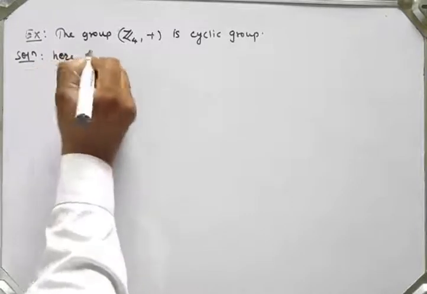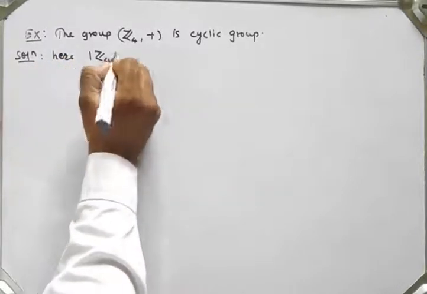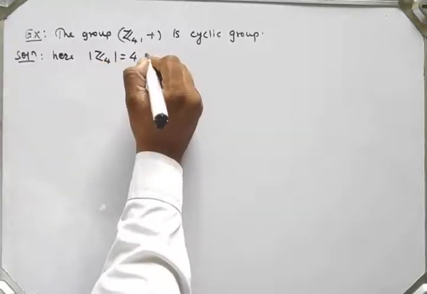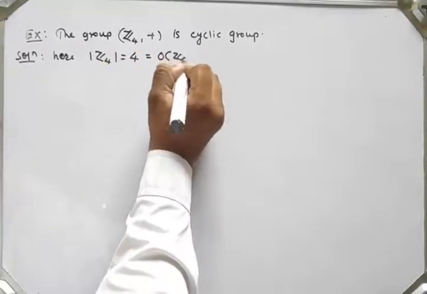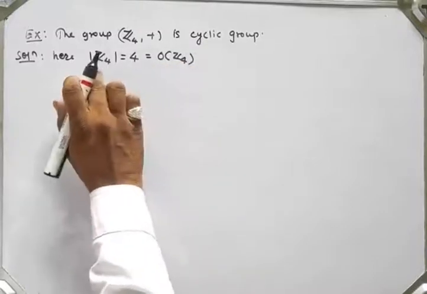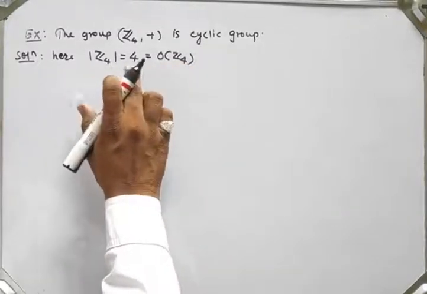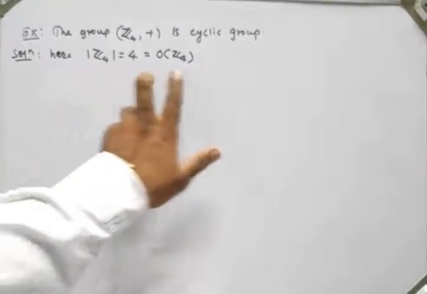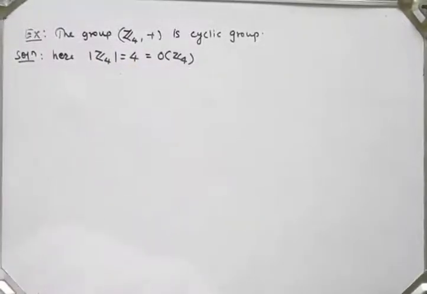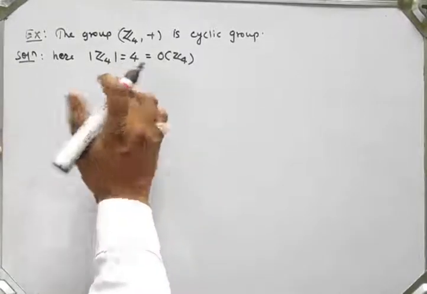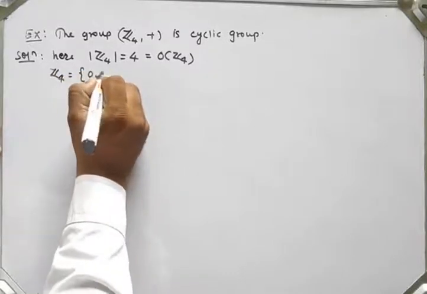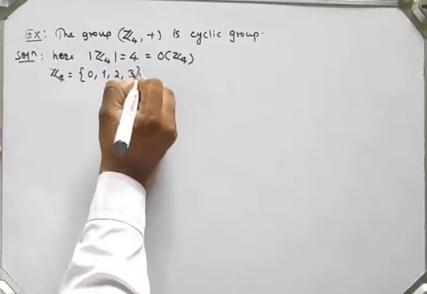Here, what is the order of Z4? The order of Z4 is 4, and it can be written as O of Z4. So the order of Z4 is 4, and Z4 has elements 0, 1, 2 and 3.